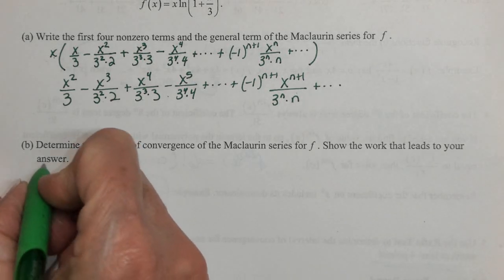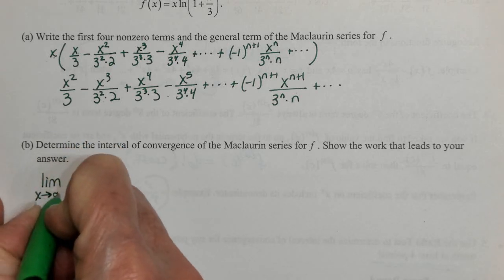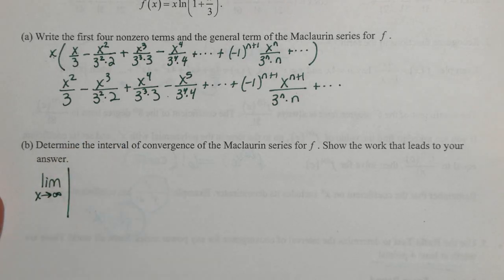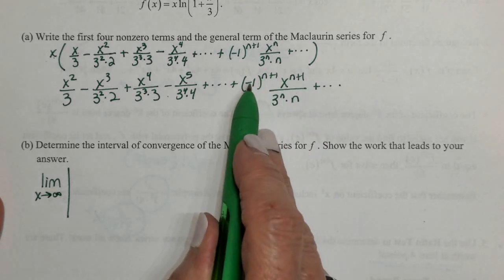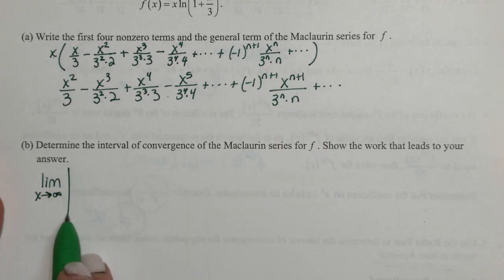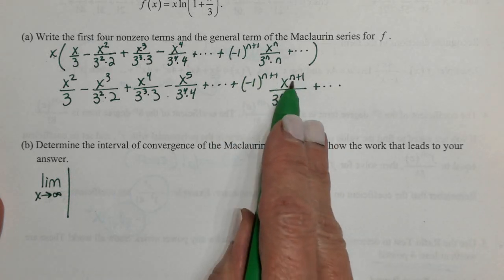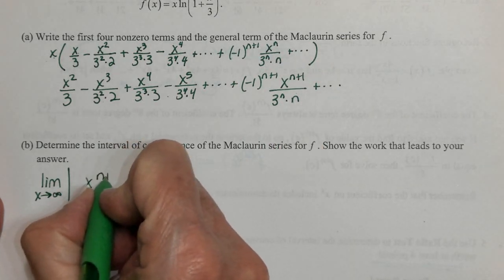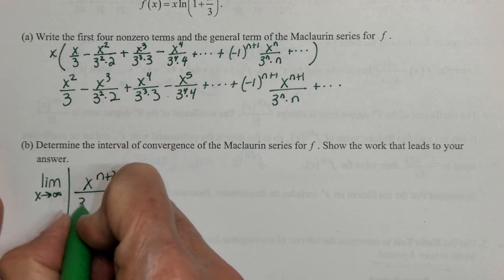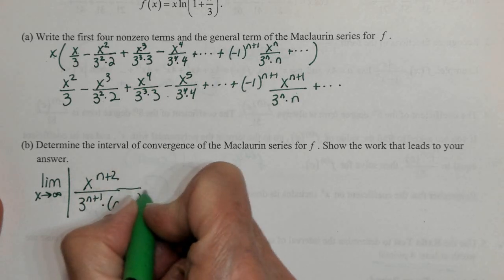So ratio test, limit, n goes to infinity, absolute value. I go to my general term. I ignore the negative 1 because of the absolute values. Ignore the negative 1, go only to this piece. Replace every n with n plus 1. x to the n plus 2 over 3 to the n plus 1 times n plus 1.